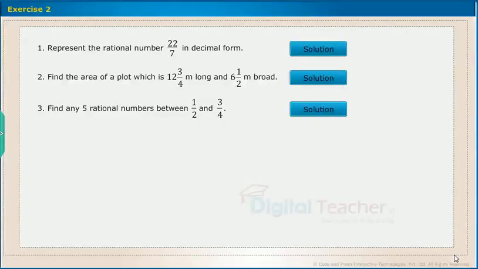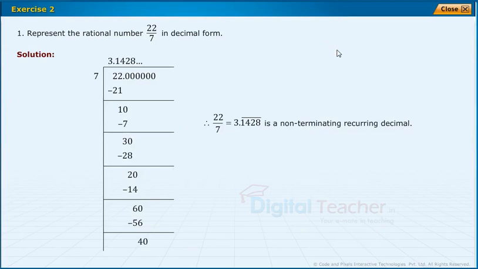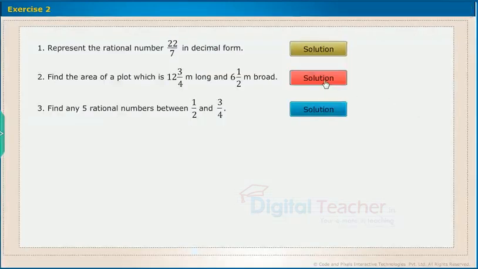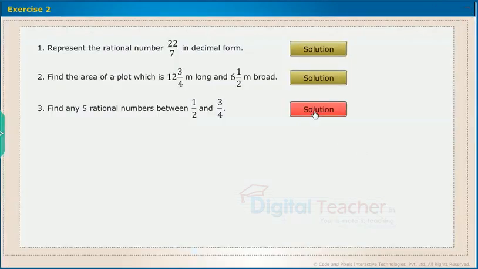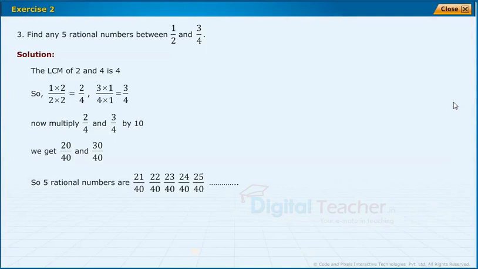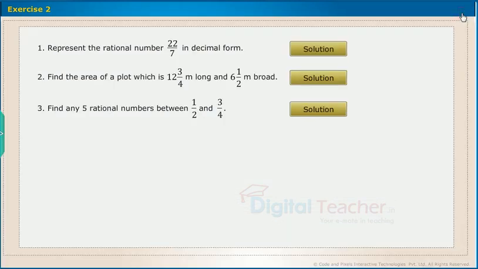Let us solve a few exercise problems. Click the tab to view solution. Follow-up work.